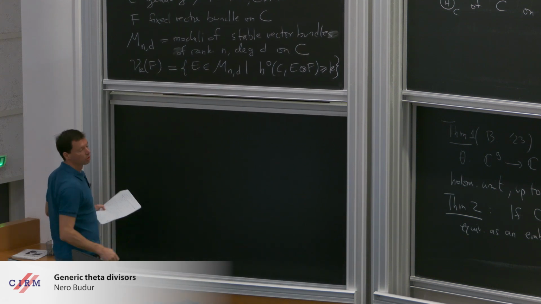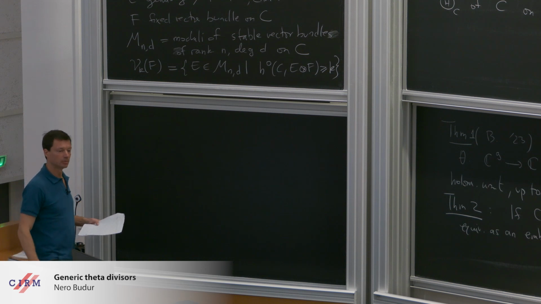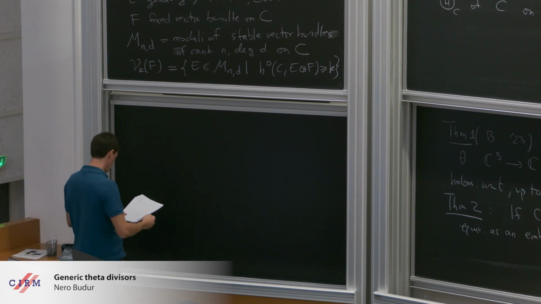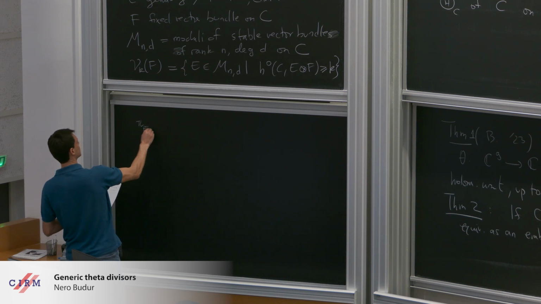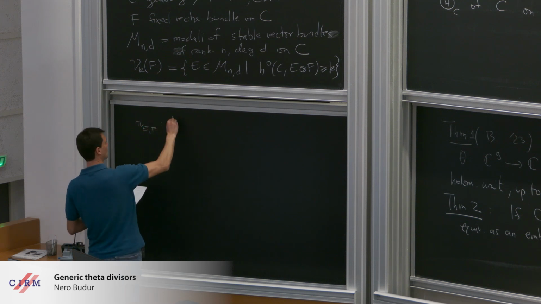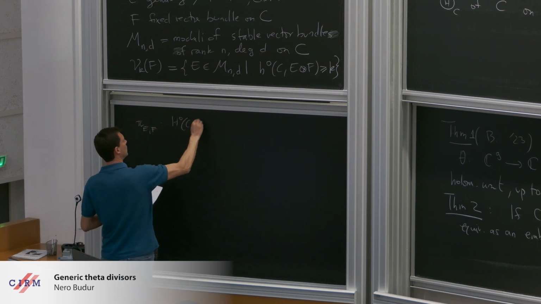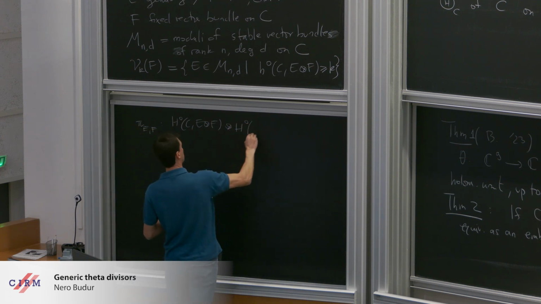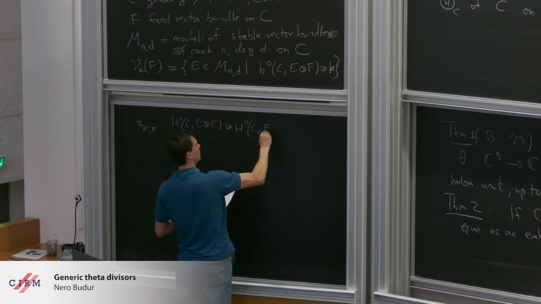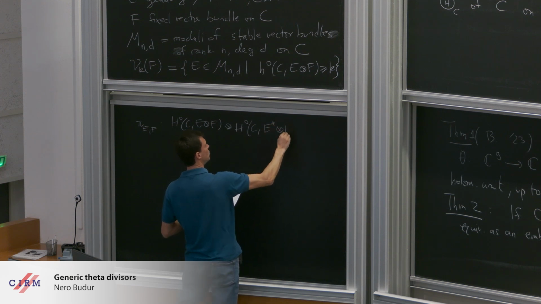They have a natural closed subscheme structure, just like the Brill-Noether loci. And then there's the analog of the Petri map. By star here, I mean the dual of these bundles.